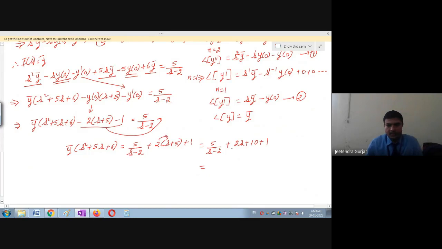I'll further simplify this equation. So we'll take LCM s minus 2. Is it clear? I will take the LCM s minus 2. I will multiply here s minus 2, I will multiply here s minus 2, and here I have to multiply 1. So this is 5 minus 2s minus 2 plus 10 into s minus 2 plus s minus 2.